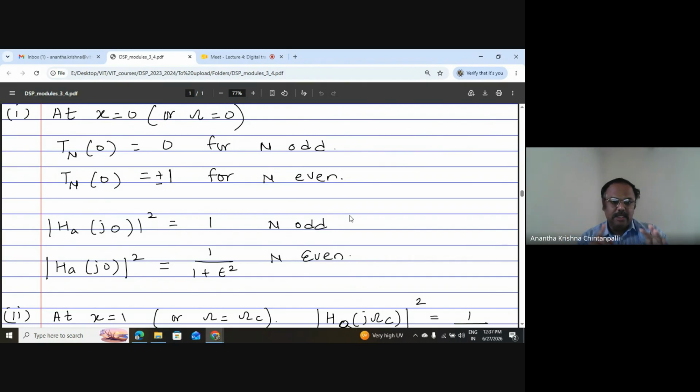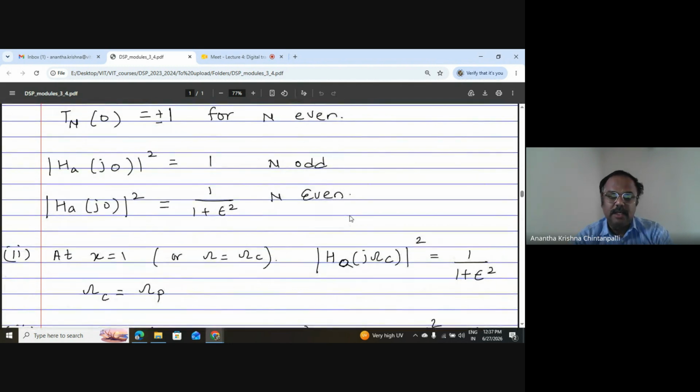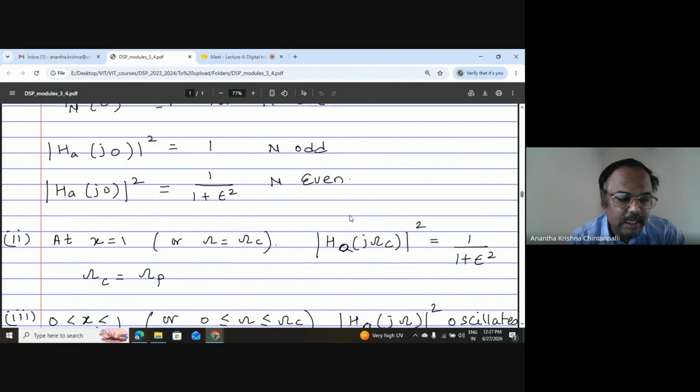If you are looking at just magnitude, then it will be 1 divided by the square root of 1 plus epsilon square. Now, at x equal to 1, meaning at omega equal to omega c, the magnitude square response is 1 over 1 plus epsilon square. This we have already discussed. So that's why in Chebyshev we take omega c equal to omega p.